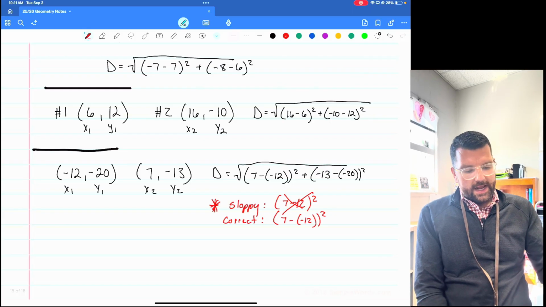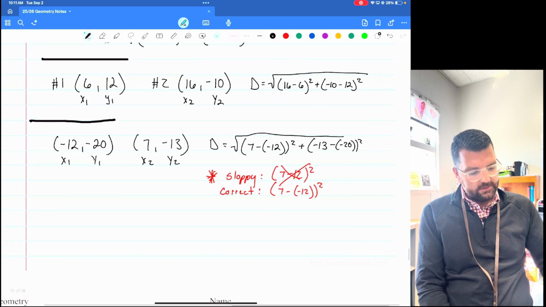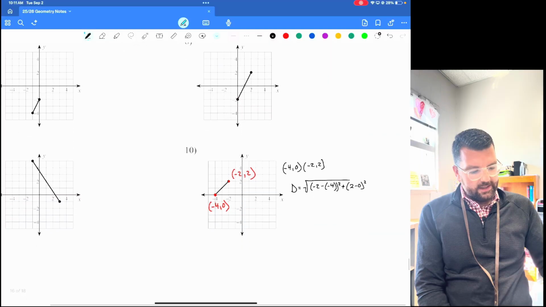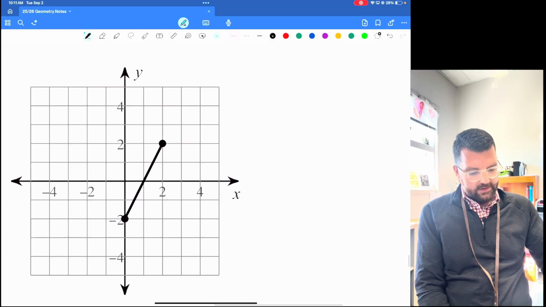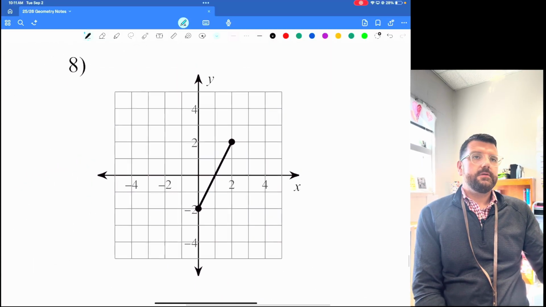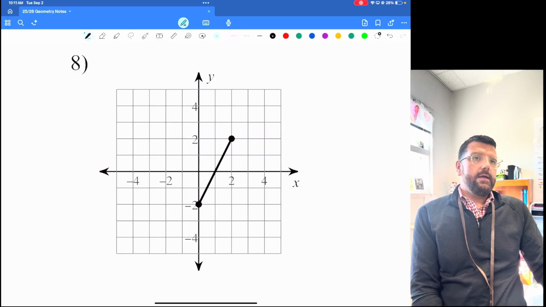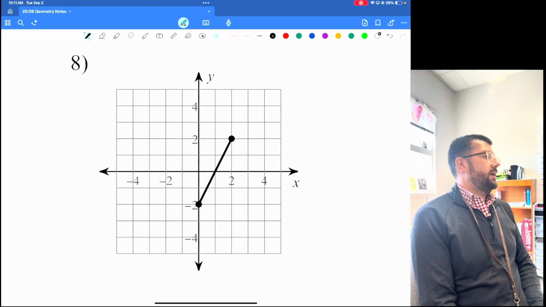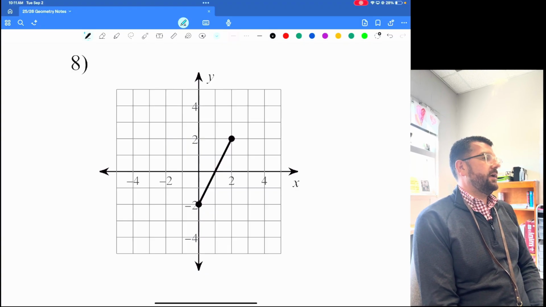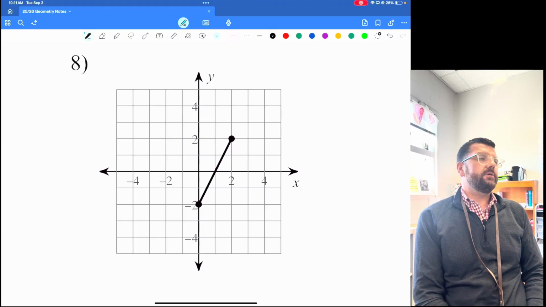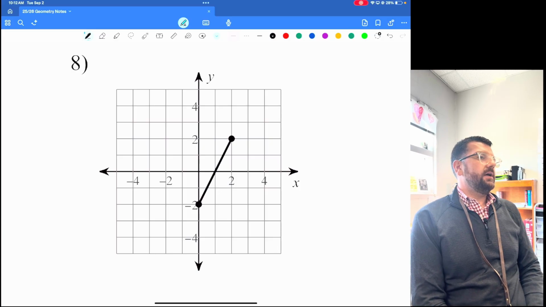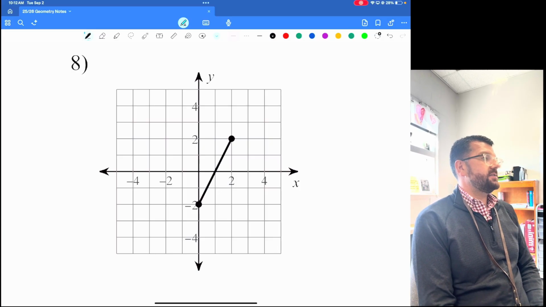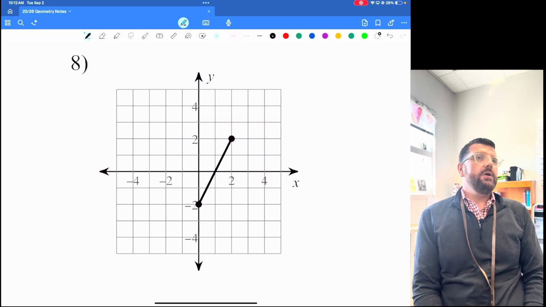The last thing I'm going to show you is let's look at this problem. It does not matter which point comes as number 1 and which one comes as number 2. It doesn't matter the order. As long as you write them correctly as the actual points, it won't matter how it mathematically solves.